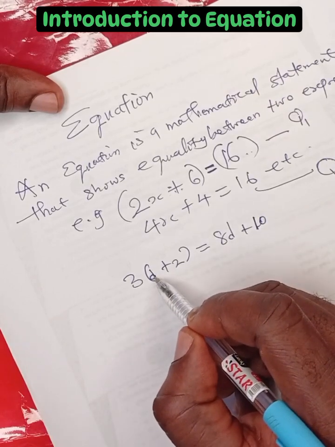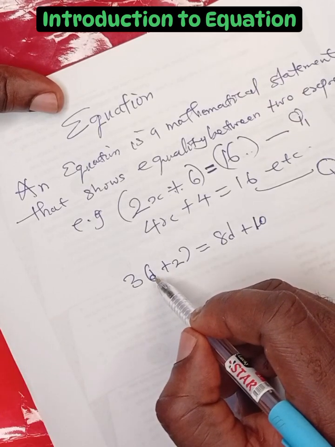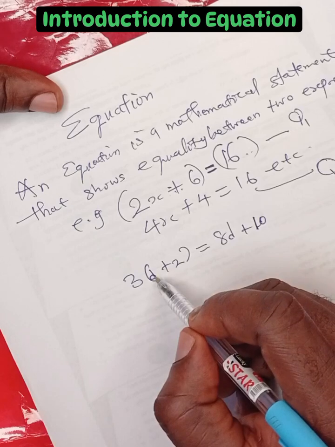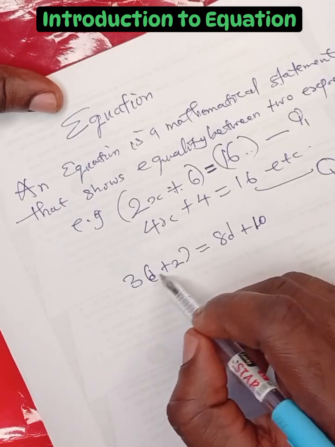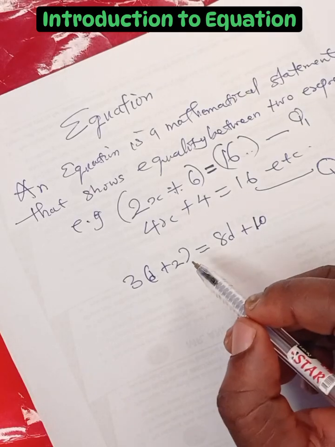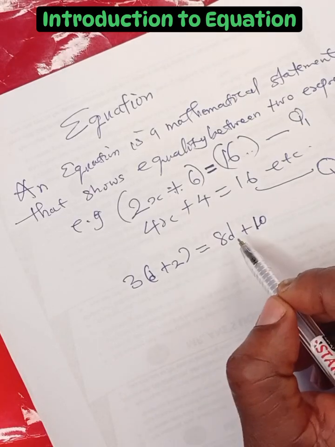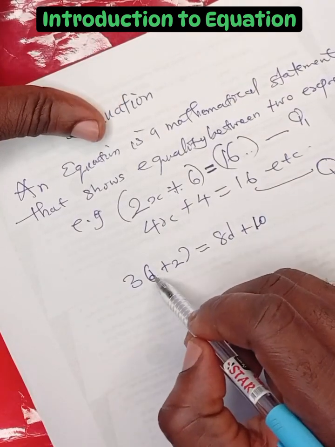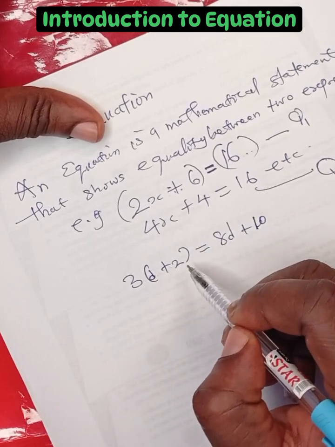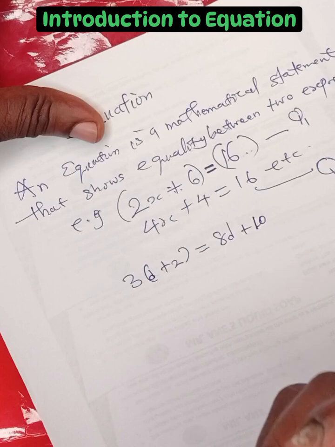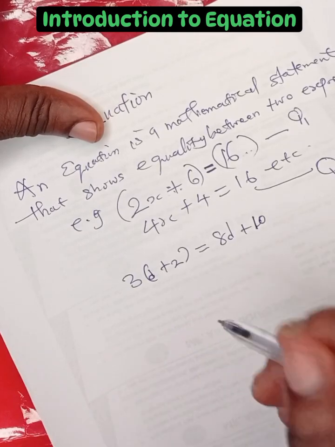The variable, the d here, stands for a variable. It can take any letter. It can be X, it can be D, it can be Y, it can be C, depending on what the person that is giving you the equation wants to use.